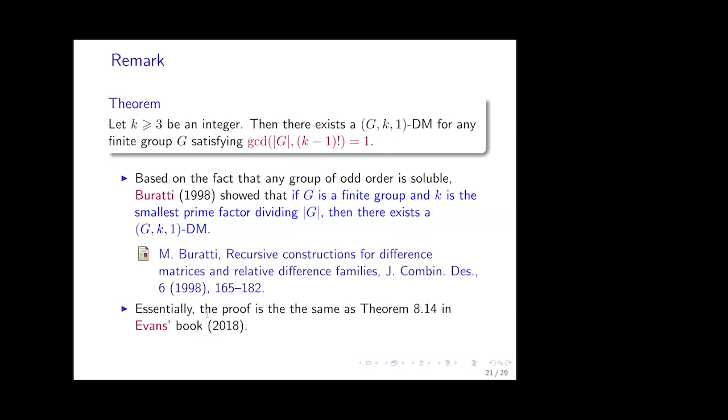The first edition appeared in 1993. So in 1993, this result was already known. But anyway, I still don't know who was the first to give this theorem. I think this theorem is very important for considering the generalization of the Hall-Paige conjecture. So when K equals 4, for our purpose, this simple theorem shows that when the size of G is co-prime to 6, then the existence is solved.